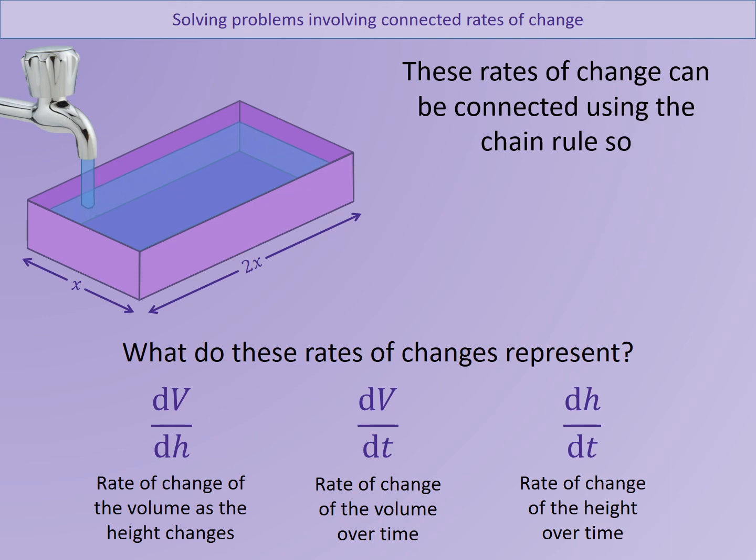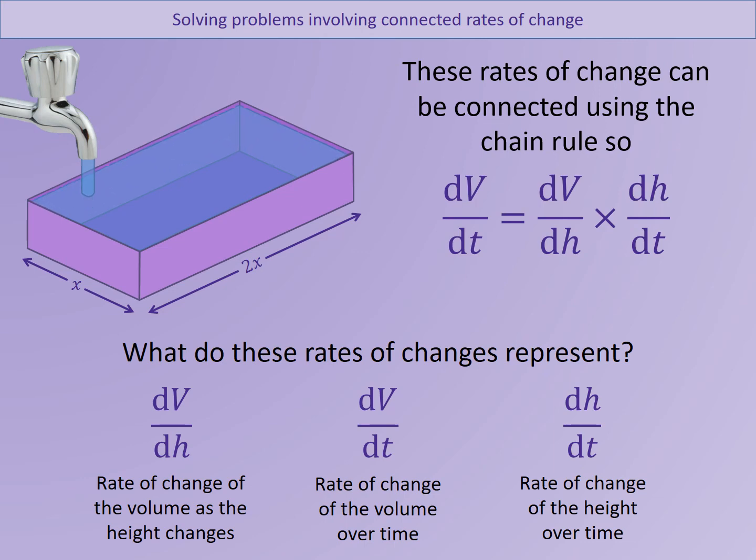What we can actually do is, if we know a couple of these rates of change, we can connect them together. We connect those three equations using the chain rule. So if I wanted to work out, for example, the change in volume over change in time, and you've only got the change in volume over height and the change in height over time, you can make use of two rates of change to calculate a third rate of change.